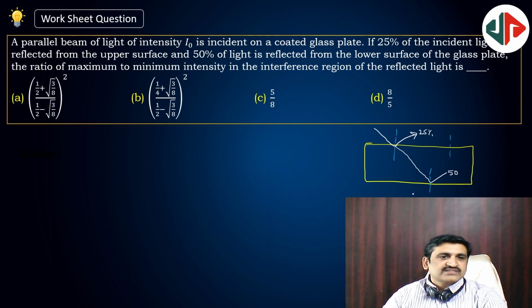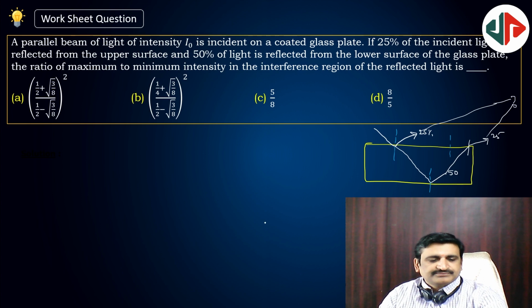The ratio of maximum and minimum intensity of the interference region of the reflected light is asked. This one will again come out with the 25%. So this one and this one will interfere, I think. Okay, we'll analyze this one.